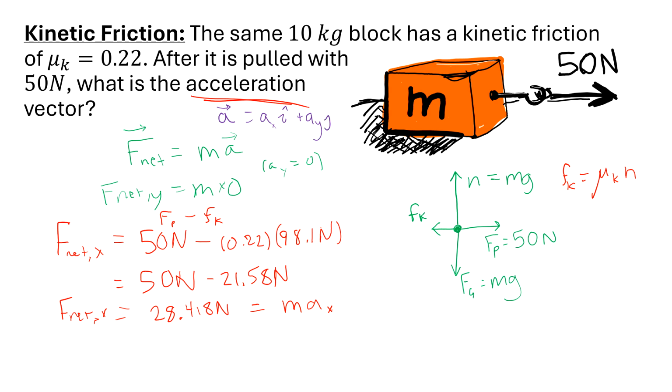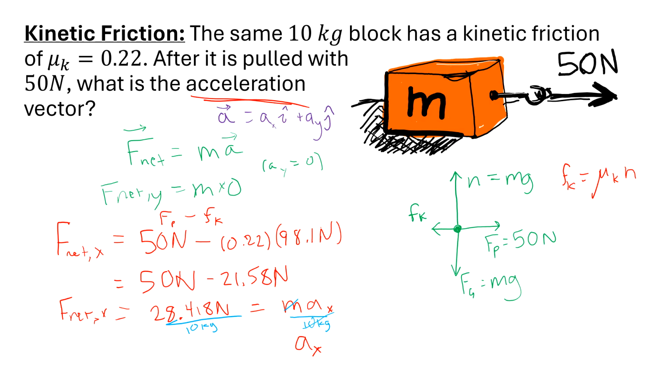We already decided that ay is 0. Now we're finishing up ax. So we know that the mass is 10 kilograms, and so therefore we just divide both sides by 10 kilograms.